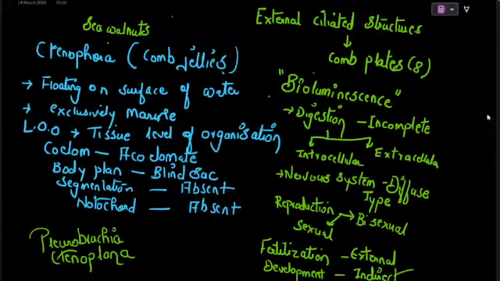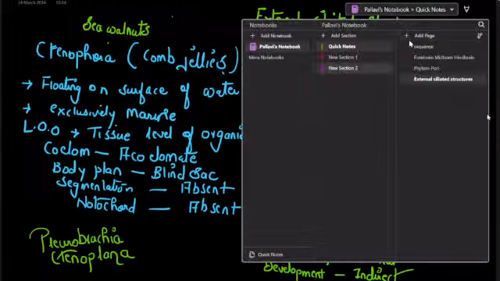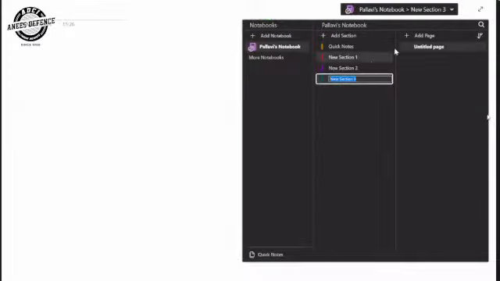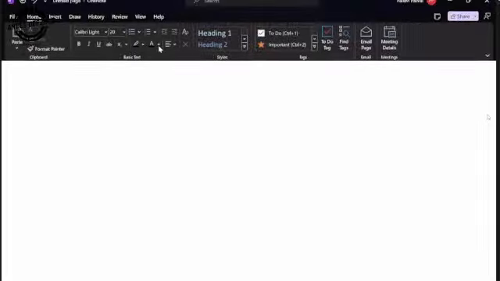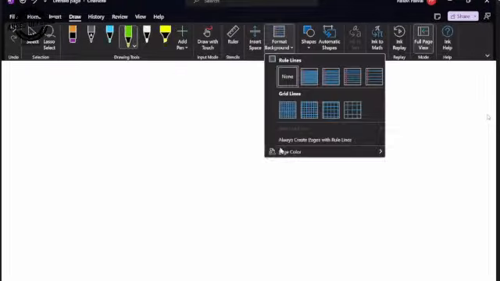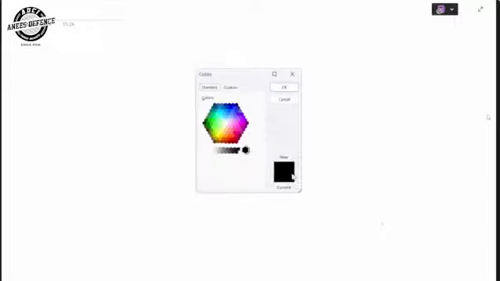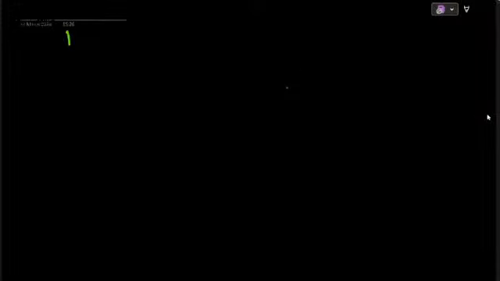Revise these three phyla on a priority basis. Platyhelminthes.